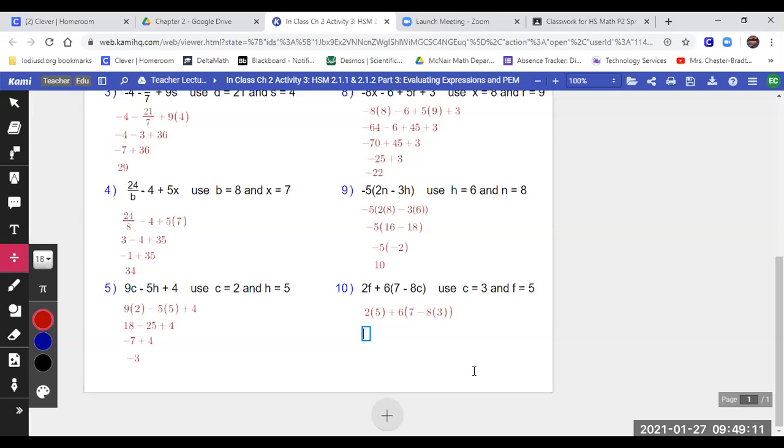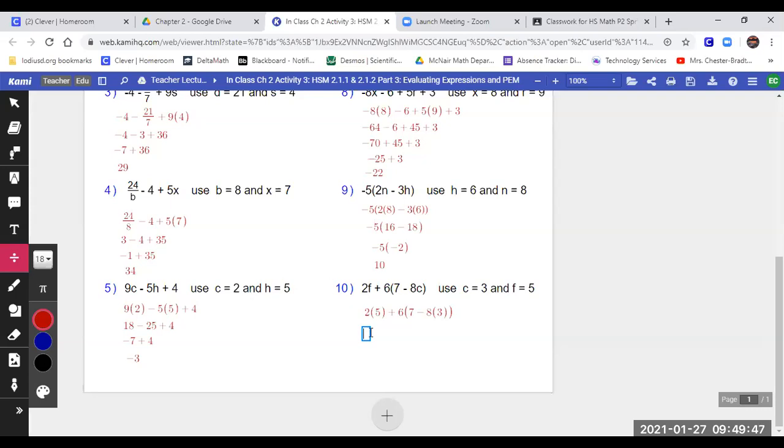What does my PEMDAS say I should be doing? The parentheses. So I have to clean up what piece of the parentheses before I can go ahead and actually combine it?